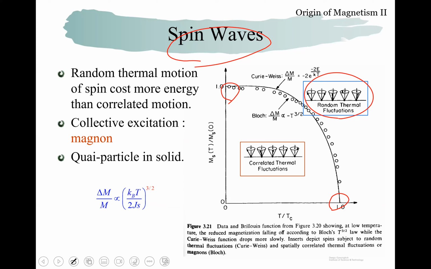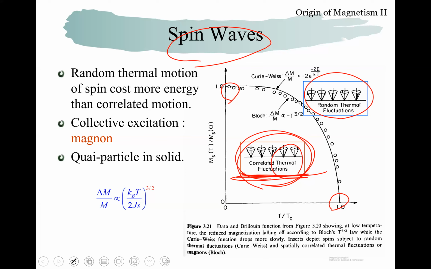So compared to a truly random fluctuation, a correlated thermal fluctuation generates lower energy, so they prefer this kind of thermal excitation. Instead of a real random motion, they make such a thermal fluctuation, but still keep the correlation between neighboring spins. So that's why we make such a wave.